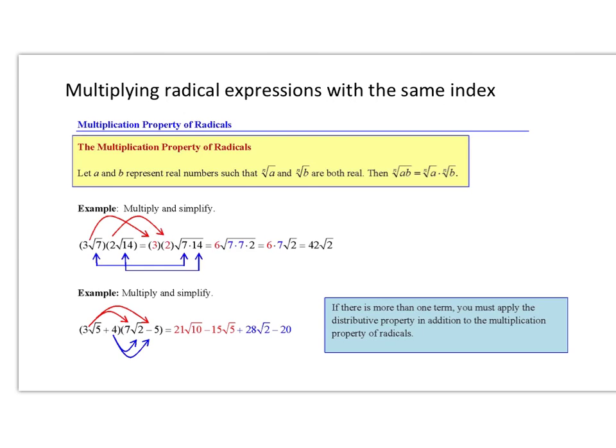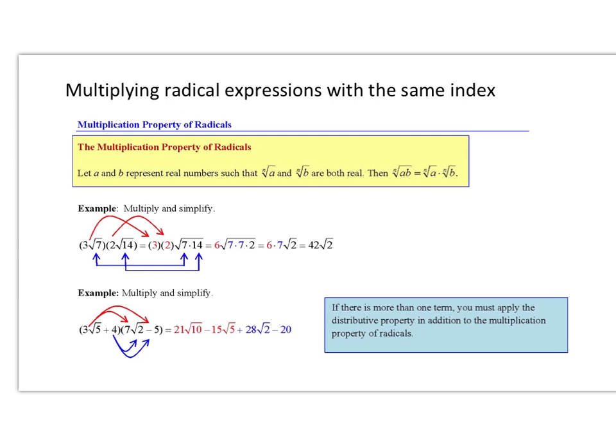So for example, we have 3 square root of 7 times 2 square root of 14. You will notice we can multiply the coefficients in front of the square root symbols. So we have 3 times 2, and then inside the radical symbol of the square root, we multiply 7 times 14.